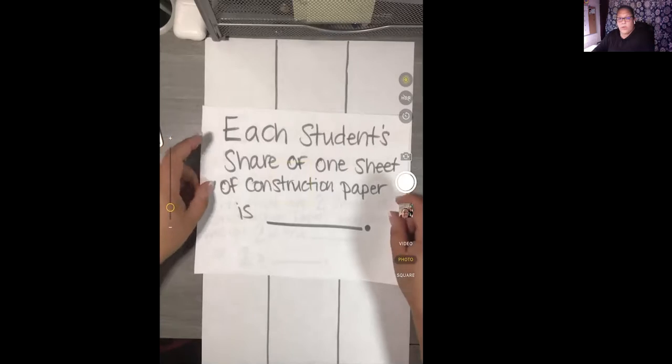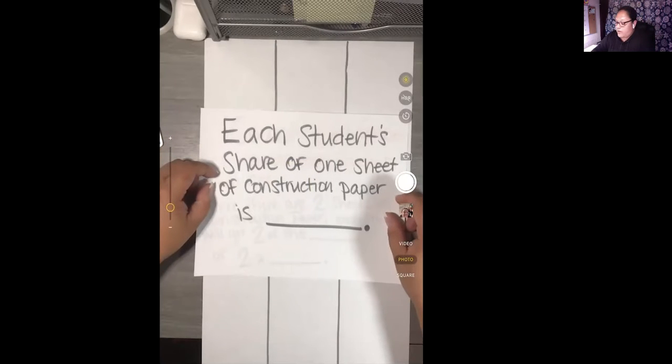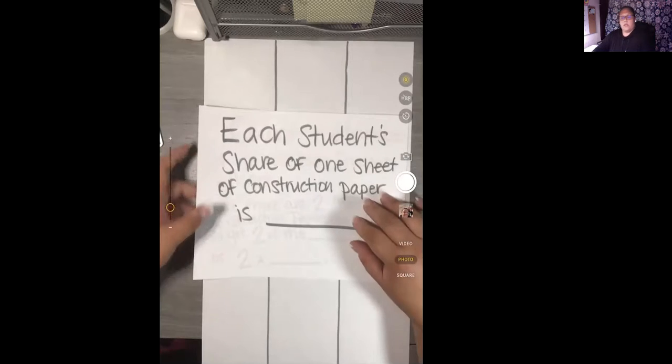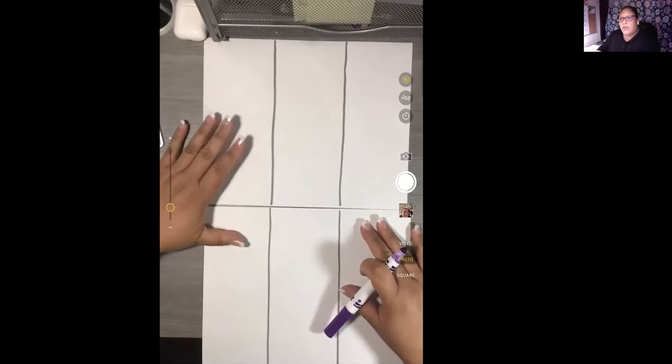So now our question is, I want to fill in this sentence. Each student's share of 1 sheet of construction paper is. Now, if I have markers or colored pencils, you can do different colors. I'm just going to label them because that's a lot of coloring to do.